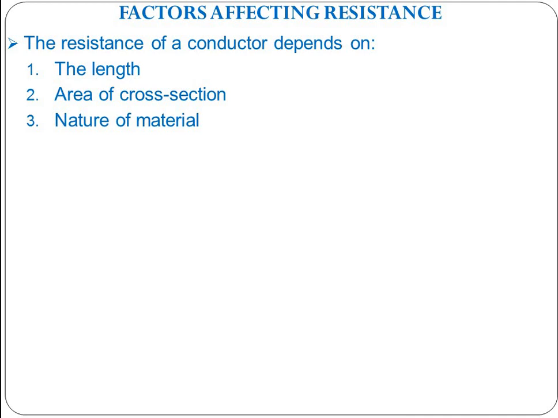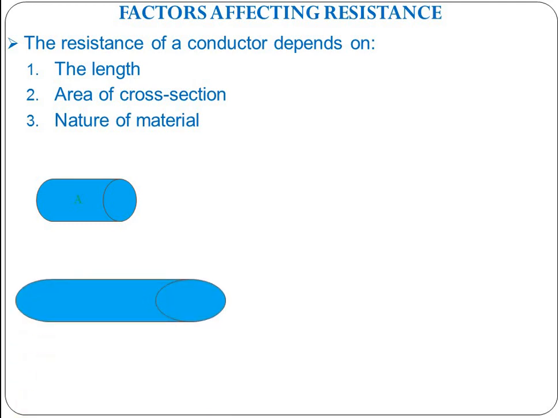Now we can imagine a piece of wire or a conductor to be very similar in structure to a cylinder. So we can say that the length of the wire will directly affect the resistance of a conductor.